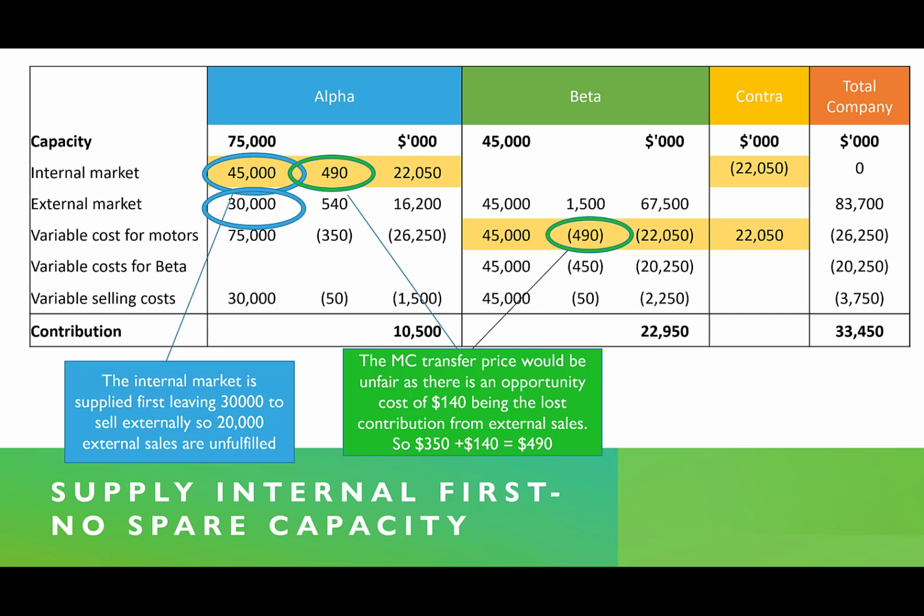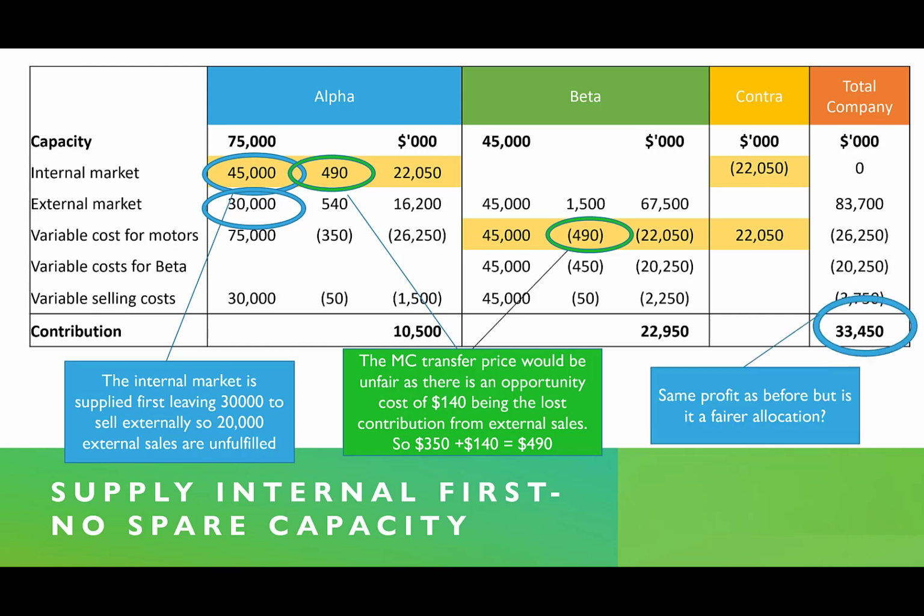The marginal cost transfer price from the previous example would be unfair, as there's an opportunity cost of 140, being the lost contribution from external sales. So now the transfer price is set at 350 plus that lost opportunity of 140, which is the 490 that you can see.